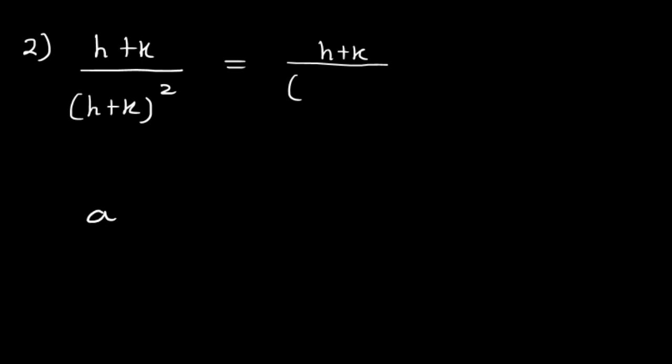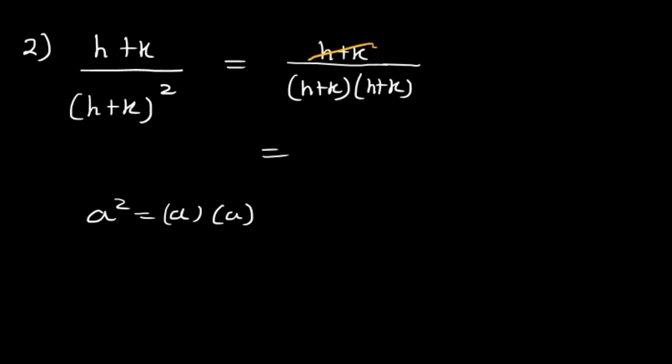So if you have a squared, it means a times a. So in this case, we are going to have h plus k multiplied by h plus k. Doing that, one of them is gone with this, and this is gone, and so we are left with 1 over h plus k.